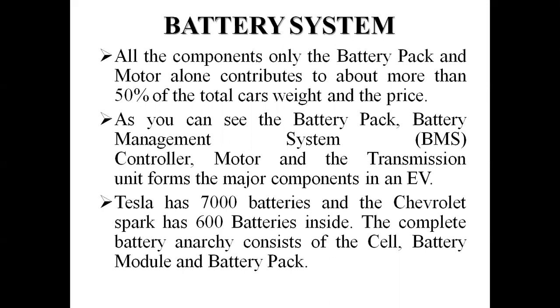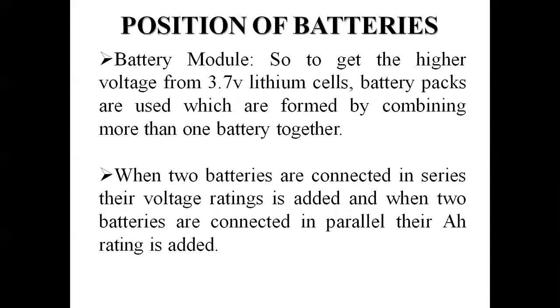A Tesla vehicle has 7,000 batteries in it. The Chevrolet Spark has 6,600 batteries in it. So in a purely electric vehicle, the battery comprises 50% or even more of the entire setup.